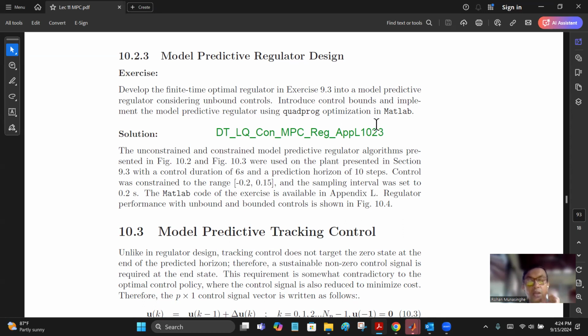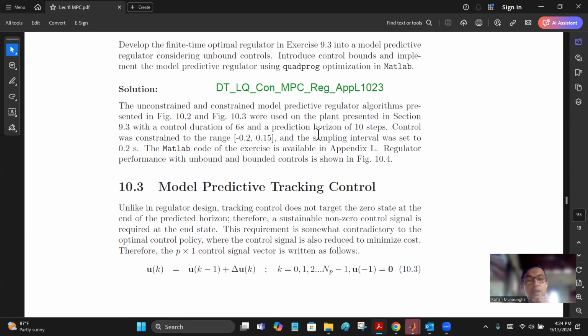One is convert the previous discrete time offline pre-computation of optimal controls into feedback, and then introduce the constraints. So what are the constraints? Minus 0.2 and plus 0.15 for the control limits.